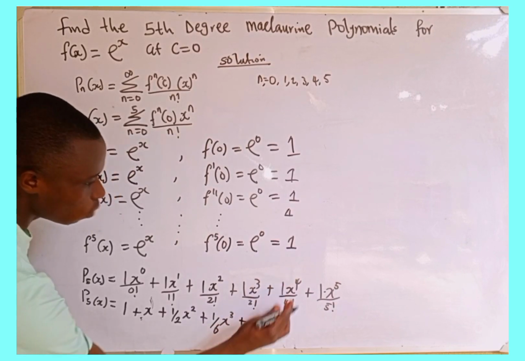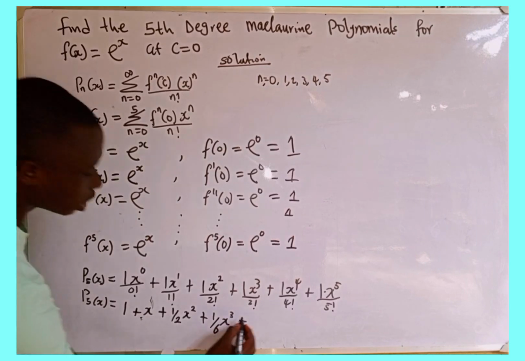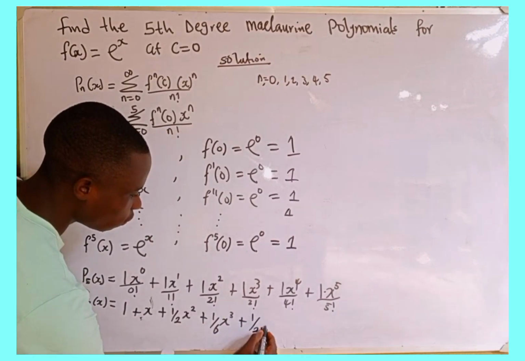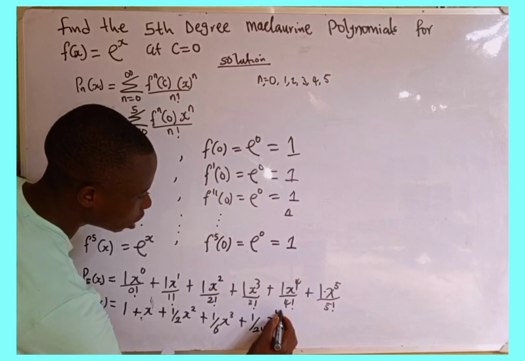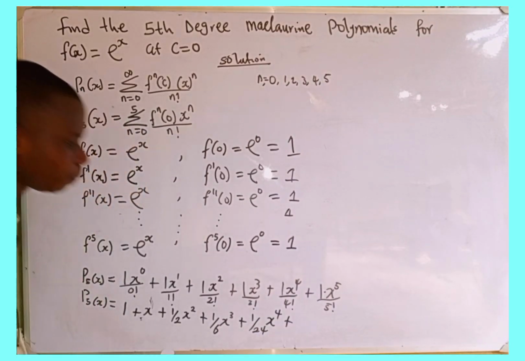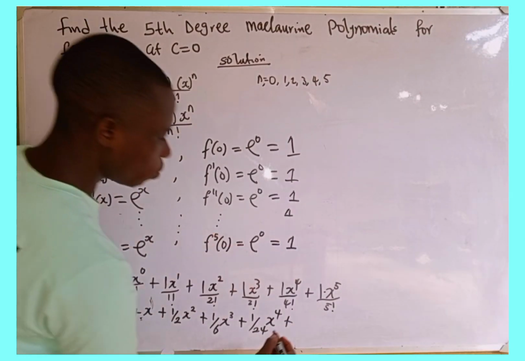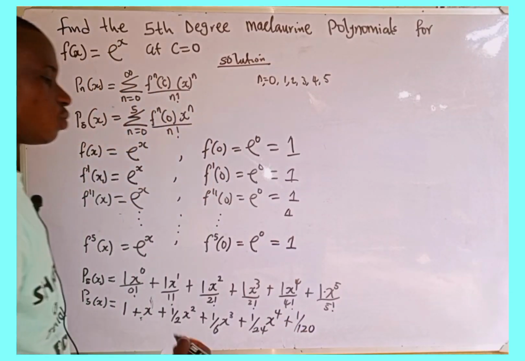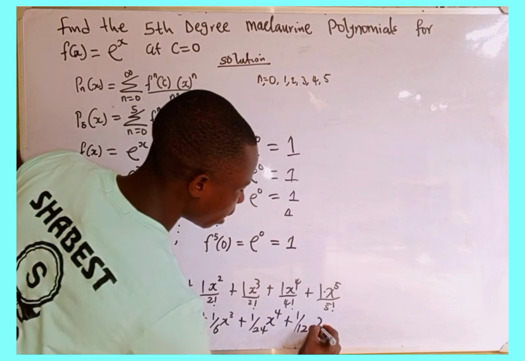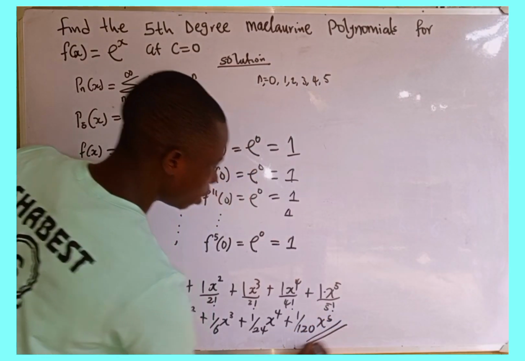Then plus 1 over 4 factorial, which is 1 over 24, because 4 factorial is 24, multiplied by x to the 4th power. Then plus 1 over 5 factorial, which is 1 over 120, because 5 factorial is 120, multiplied by x to the 5th power.